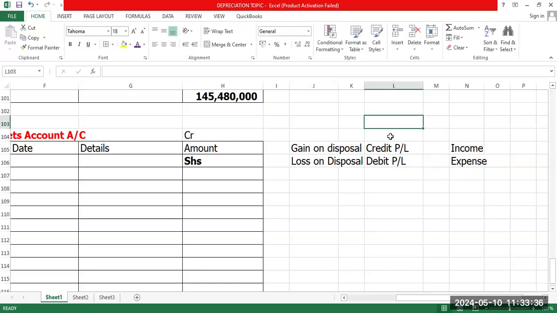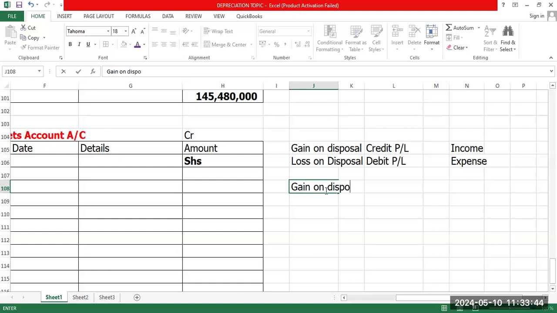And how do you know that you have a gain? To get a gain on disposal, it means that your consideration, or the disposal amount, is greater than net book value.